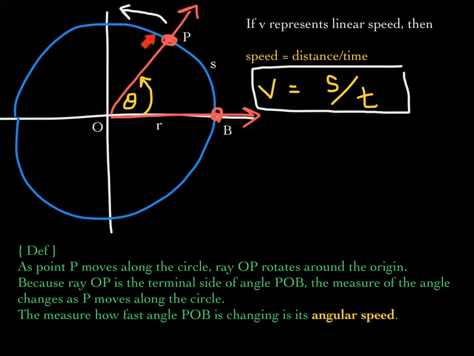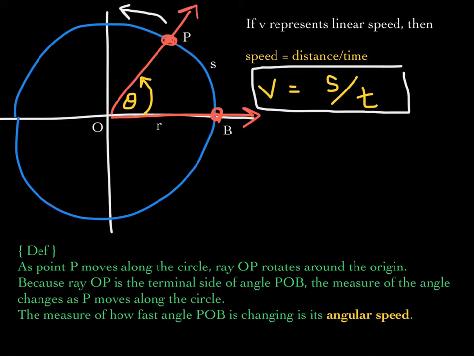As point P moves this way around the circle, this angle POB is opening more as well, changing its measure. The measure of how fast angle POB is changing is its angular speed.